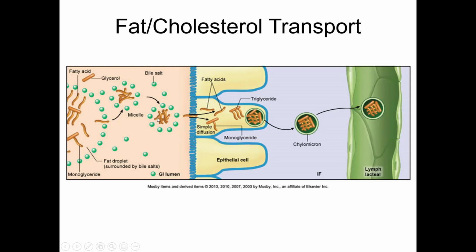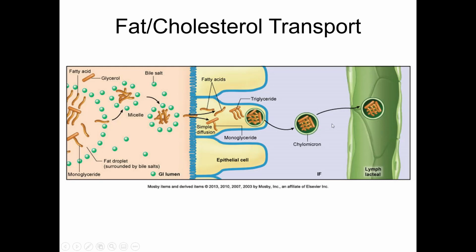Those components in the micelle are then brought to the intestinal wall, where they're going to be absorbed by the intestinal cells that surround that intestinal wall. So the individual components are going to be absorbed, and then they're going to reform into triglycerides, where they're going to be packaged into chylomicrons, and chylomicrons are going to transport the triglycerides through this exogenous pathway, so from the outside of the body to the inside of the body.